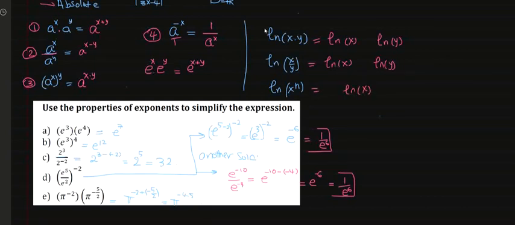Okay, what about these other parts? Here we will say that this product will be transferred into addition. This quotient will be transferred into subtraction. And that power will go as a multiplier. This will be property 1, property 2, and property 3. These are the only three properties.